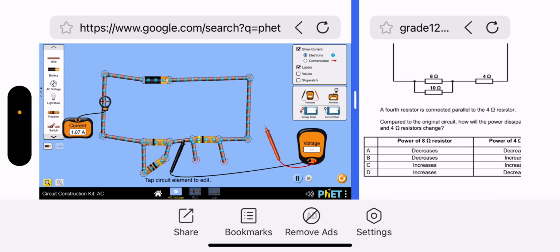Remember our voltage reading there by the 4 ohm resistor was 4,2 something. And across the parallel connection, it was 4,6 something. So let's add another resistor. Okay, and then let's see what's going to happen. So I'm adding a resistor there. Let's just connect it.